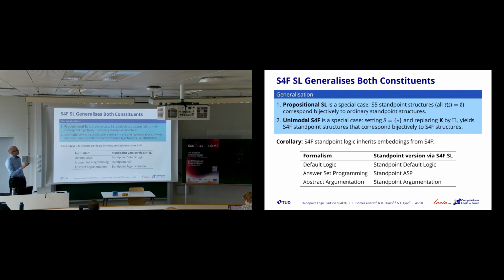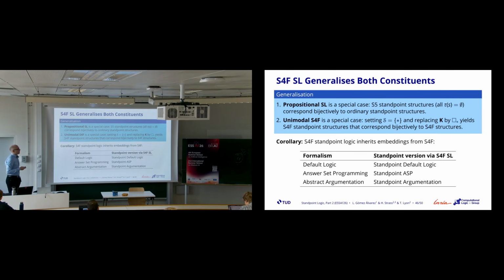But we also generalize unimodal S4F because if we just say we only have one standpoint name, then our box star essentially corresponds to the K. Right? Then we only have one modality, we have a unimodal logic, and the rest is the same. Then our standpoint structures only have this one modality, and they are exactly S4F structures.